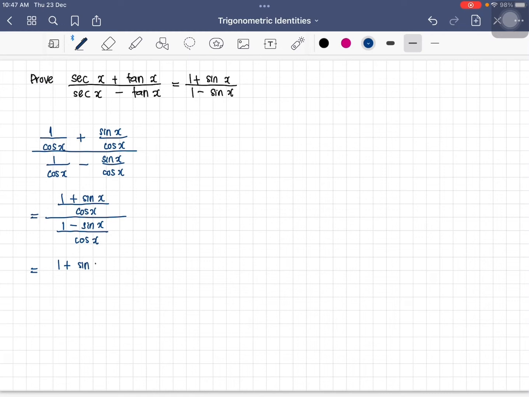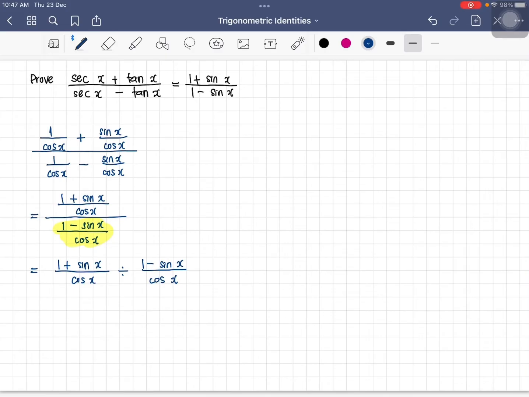So how? Instead of a fraction, I'm going to write it as a division. So I have 1 plus sine of x over cos of x, divided by 1 minus sine of x over cos of x. I think you have learned this during your form 1, to convert from division of a fraction into a multiplication.